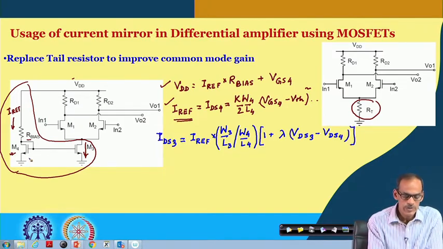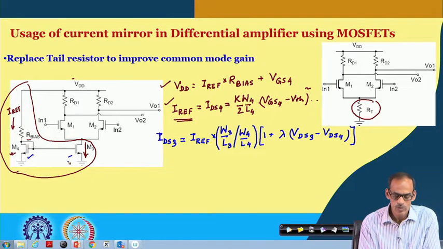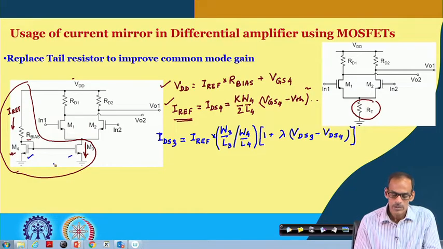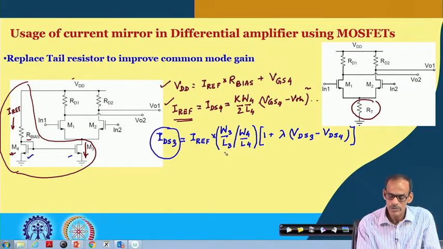So, assuming V_TH of these two transistors are equal and their corresponding K parameters are equal, and assuming lambda of the two transistors is also equal, we do obtain this current equation. Note that this ratio is also there.